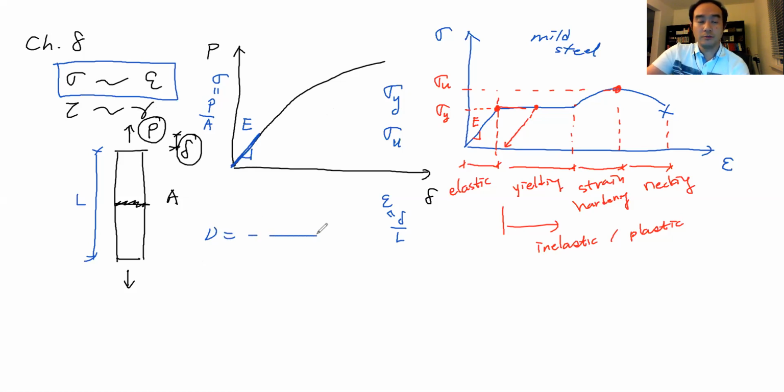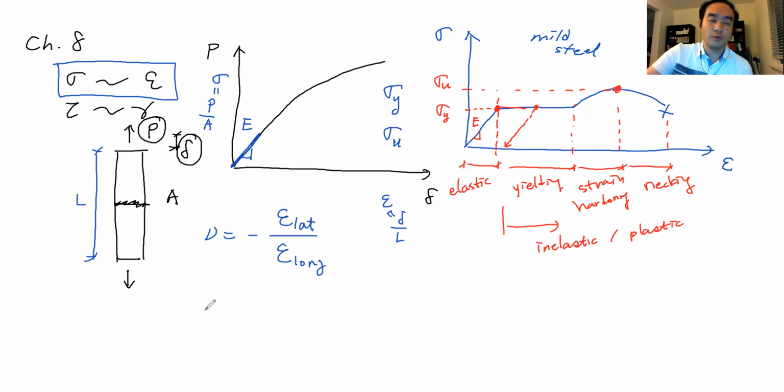And the Poisson's ratio, by definition, is the ratio between two different strains. The numerator is the strain in the lateral direction, the denominator is the strain along the longitudinal direction, along the length of the member.